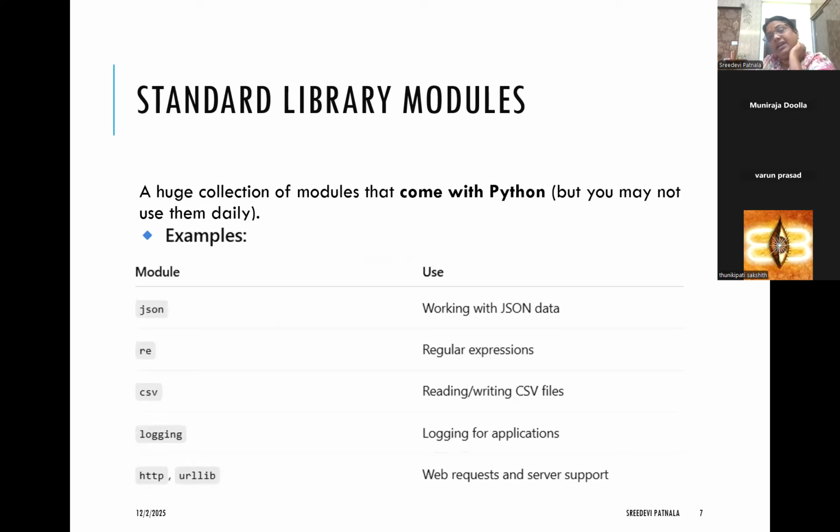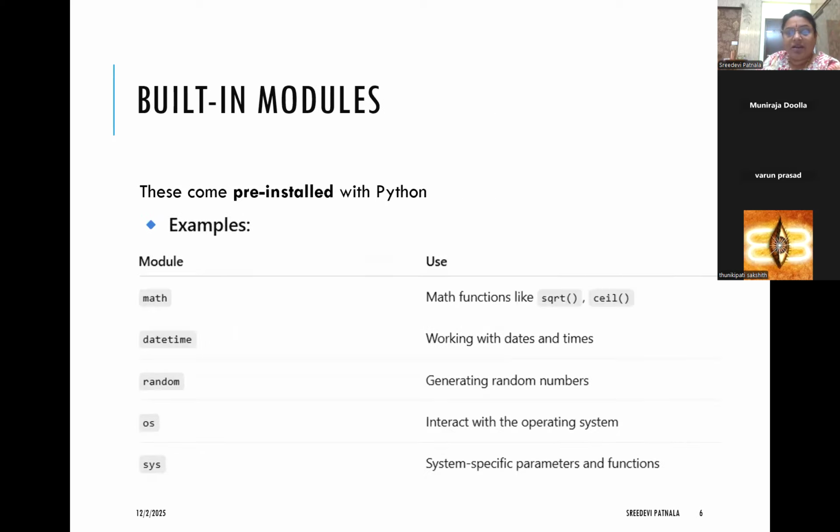Next one is standard library modules. Standard libraries are nothing but a collection that comes with Python, but we will not use them daily. You can use them again by importing CSV, the same logic, but you may not use them very regularly. Earlier ones are like math, date and time, OS. Yesterday we were doing the file systems.